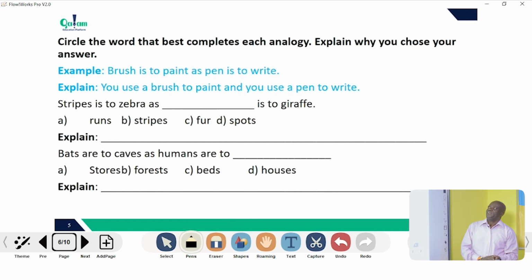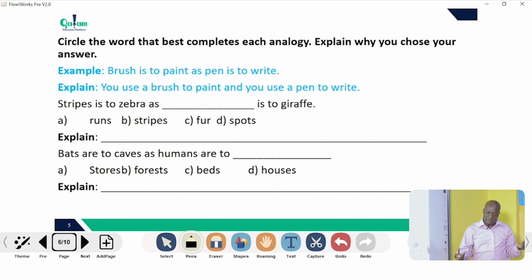Now, next, circle the word that best completes each analogy. Explain why you choose your answer. Analogy is when you are comparing things that are totally different, but whatever features they have, they serve almost the same purpose. Like, for example, take a car and take a human being.